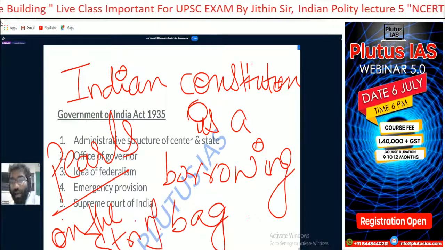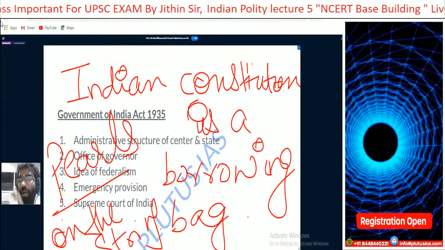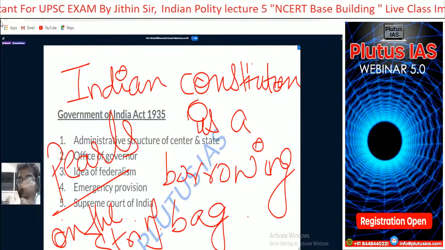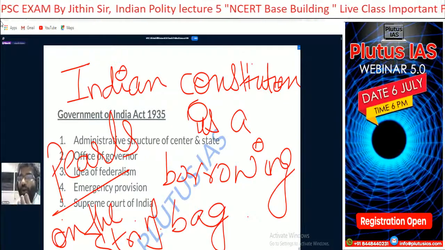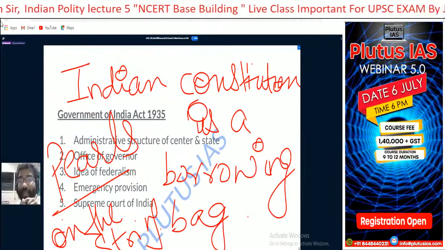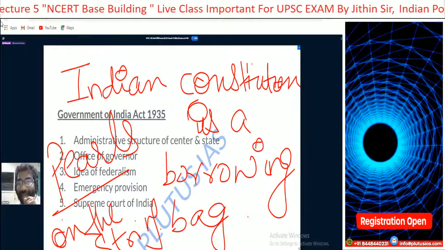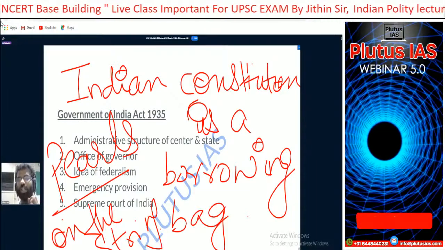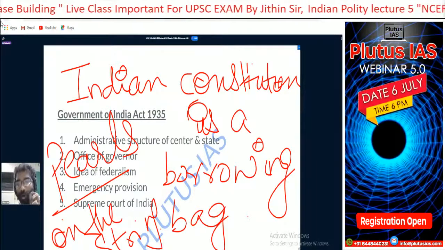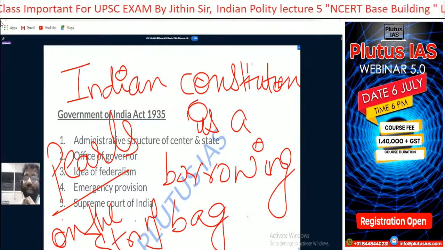See, our answer to the world is our constitution is not a begging bag. Our constitutional makers has worked very hard, 2 years, 11 months, 18 days to make the Constitution of India. They had gone through various constitutions across the world before making this constitution, and definitely the Constitution of India is a patchwork.